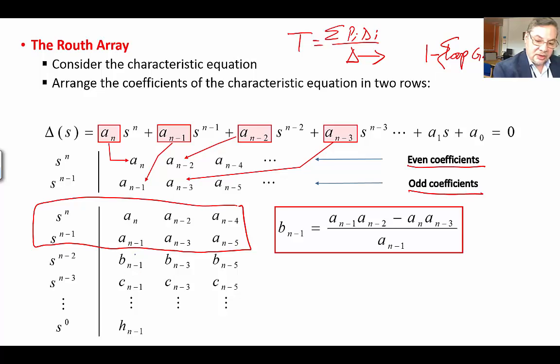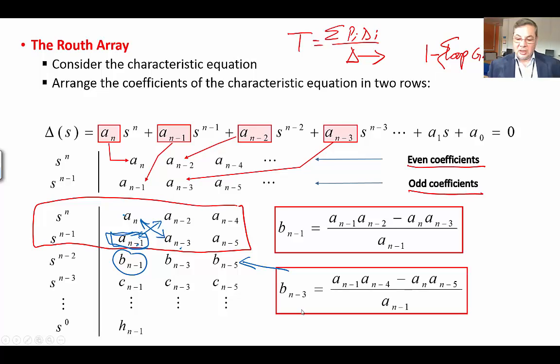Now, how can I find this part here? All of the third row will have one common element, which is the pivot. The first element is the multiplication of these two elements minus the multiplication of those two, divided by the pivot. So that is an minus 1 times an minus 2, minus the product of an and an minus 3, all divided by an minus 1, which is the pivot.